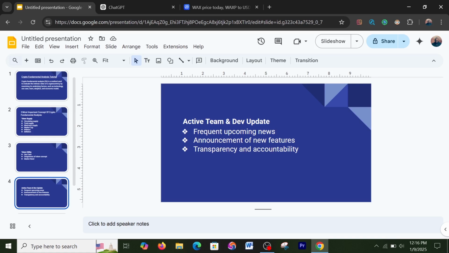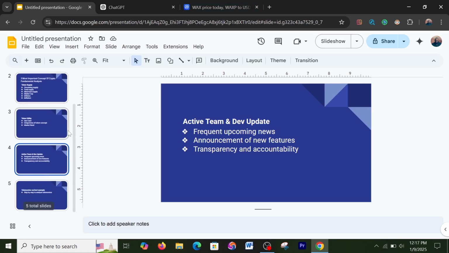There should be transparency and accountability. The team should not have a lot of the tokens for themselves. There are some devs that keep up to 30-40% of a token's total supply for themselves. So the team should be transparent and accountable. They should be able to tell everybody what their token allocation is.